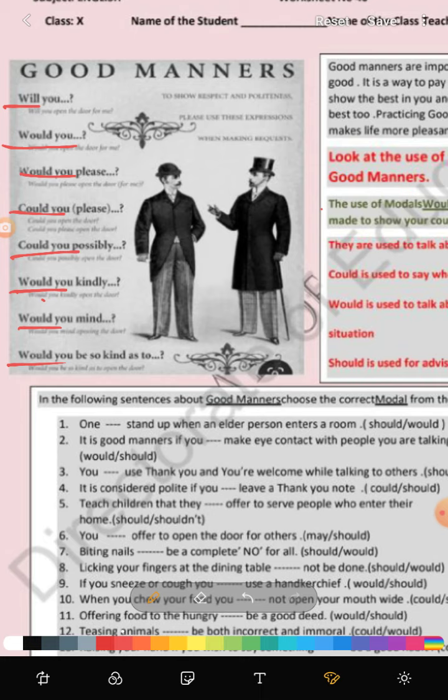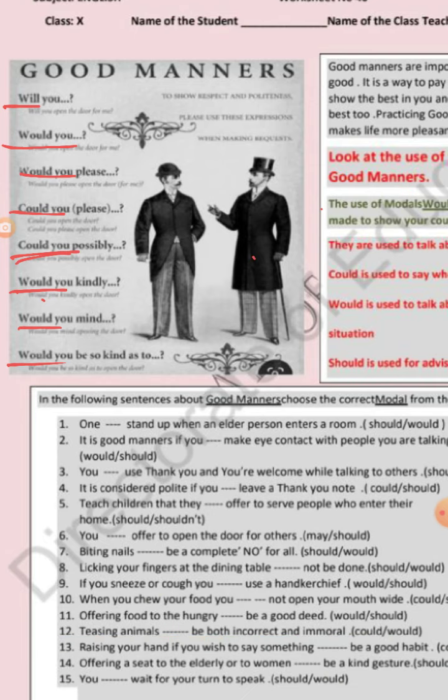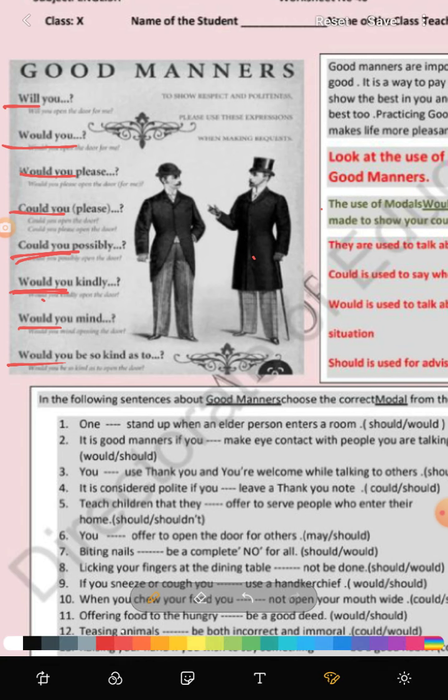For example, "Will you give me a notebook?" is less polite. Would you talk to me, or would you please give me my notes, could you please give my bag, could you possibly read the story, would you kindly note the points.